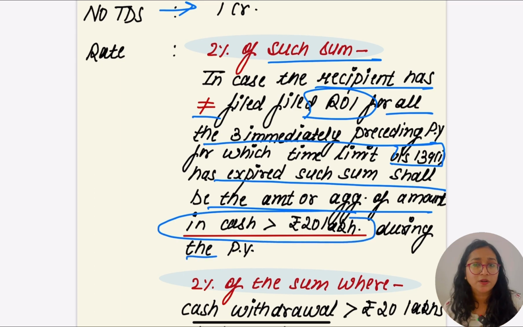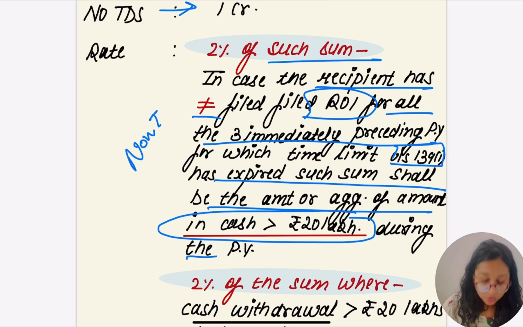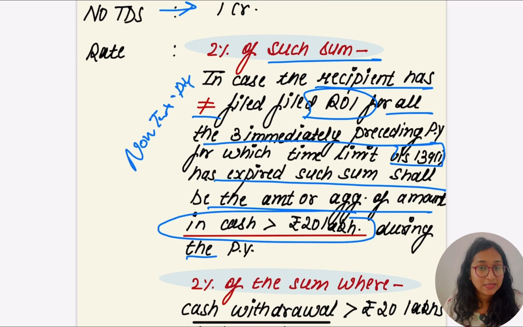So they are talking about the non-taxpayer. For non-taxpayer, up to 20 lakh it's nil, and more than 20 lakh it's going to be 2% up to 1 crore.